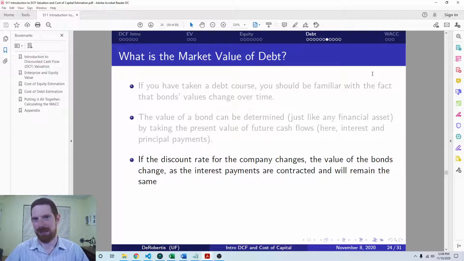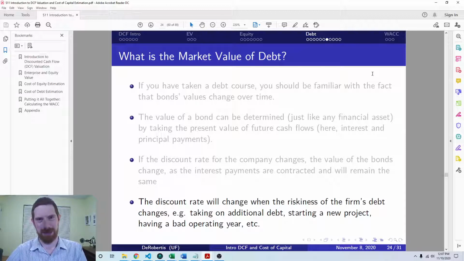A bond is just a contract which says that the company is going to pay a certain amount of interest in return for a loan, and then they're going to return the money at the end. And so the value of the bonds can change over time, but the interest payments cannot change. And so that means that what must be changing is the discount rate, because those are the only two components of the present value equation.